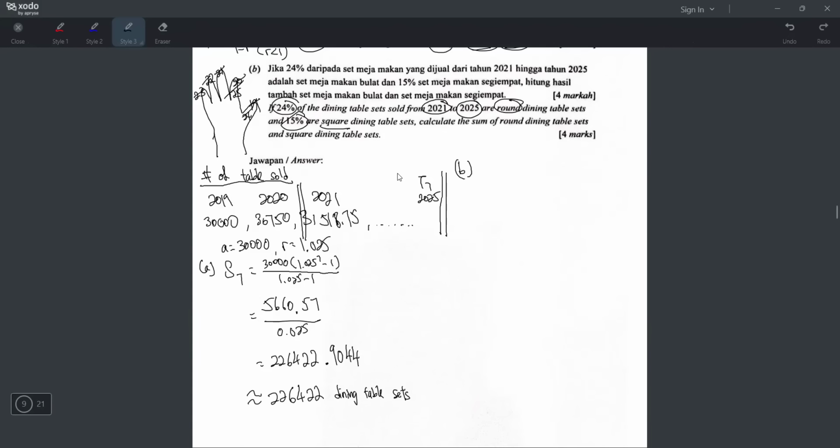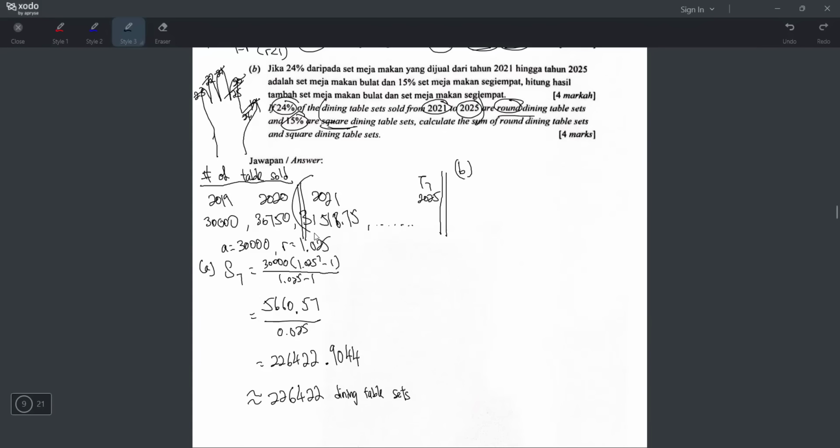I will take, because 24% is the round dining table, right? But it's 24% of the dining table sets sold from 2021 to 2025, right? So I have to find out the dining table sets sold from 2021 to 2025. Then only I can take the answer times 24% to get the round, and then 15% times that to get the square, right?